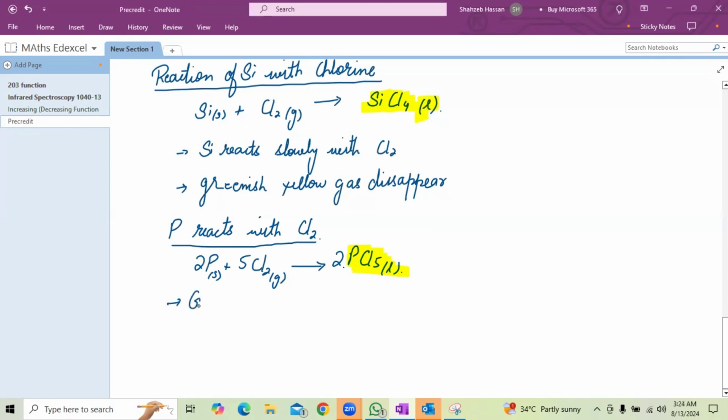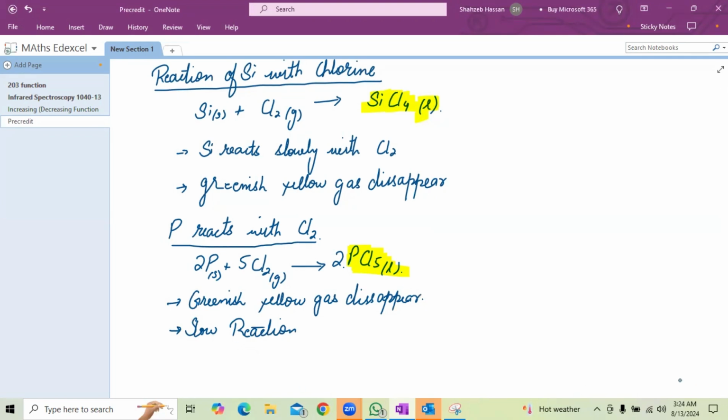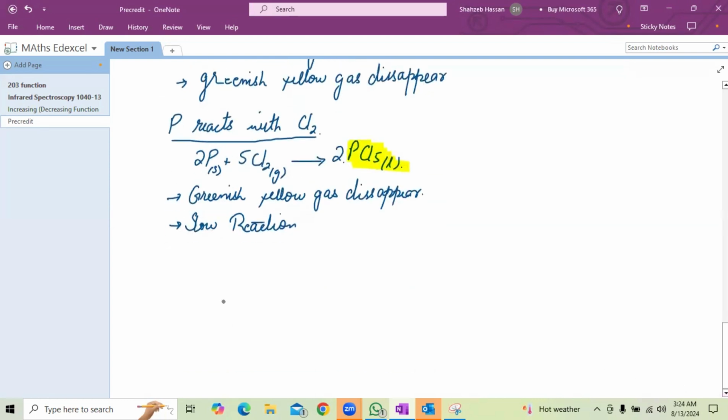Observations are that the greenish yellow gas would disappear, and there would be a slow reaction. So the reaction would be quite slow. Done?